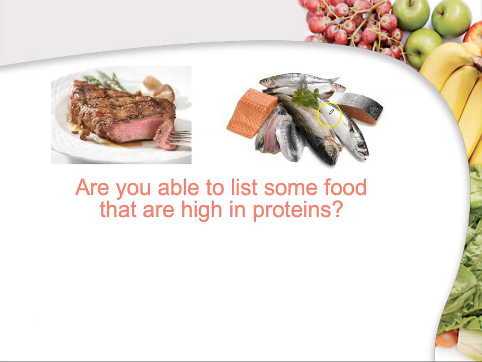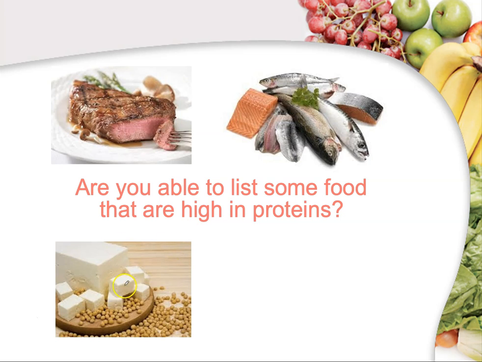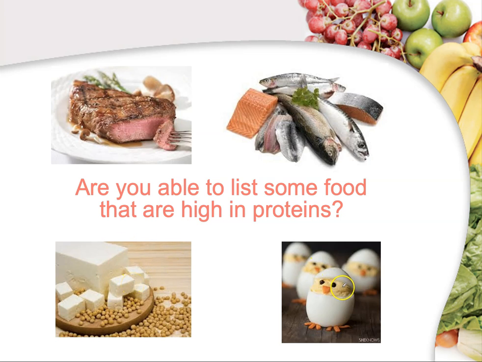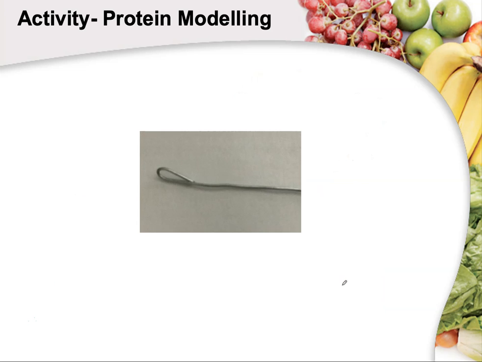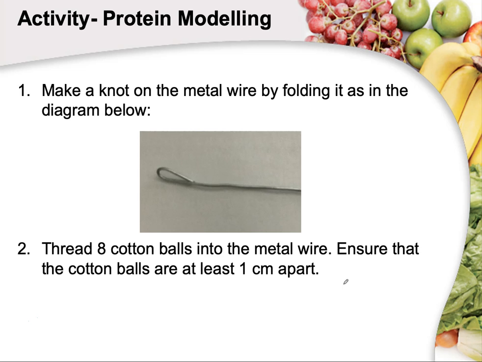Your fish, your salmon fish, your beef, your tofu, your soya bean, your bean curd, as well as eggs. Now your eggs don't look like this, but your hard-boiled eggs are a very important source of protein, and that is why all your bodybuilders, who want to build more muscles, will eat a lot of protein. So I'm going to skip this portion.